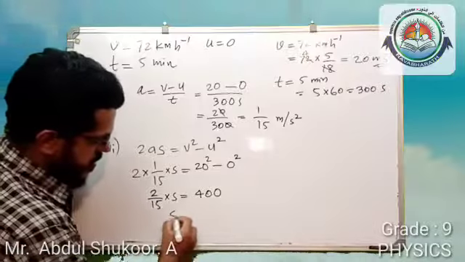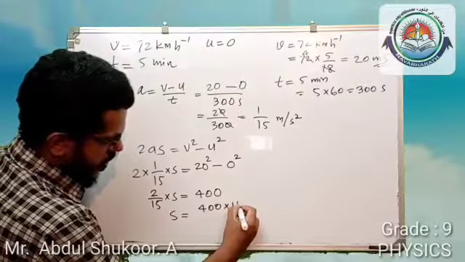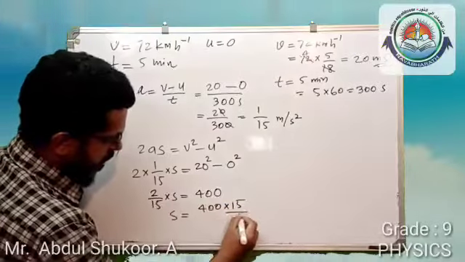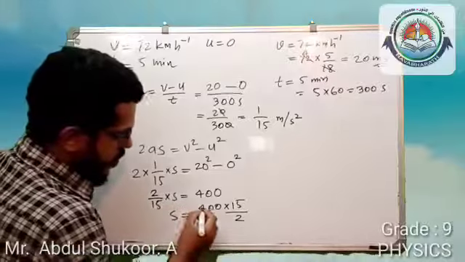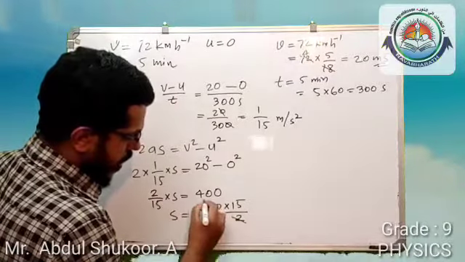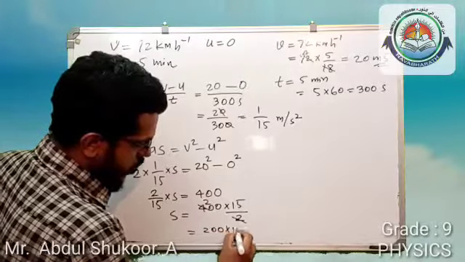Then what is s? 400, if you multiply with the reciprocal, we get 15 by 2. Then 200 into 15.